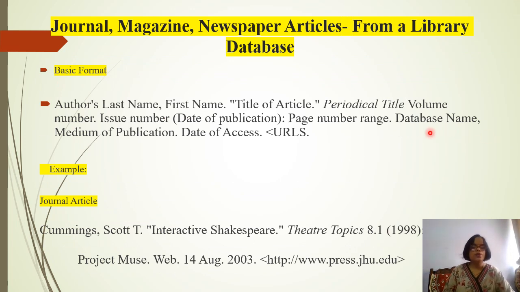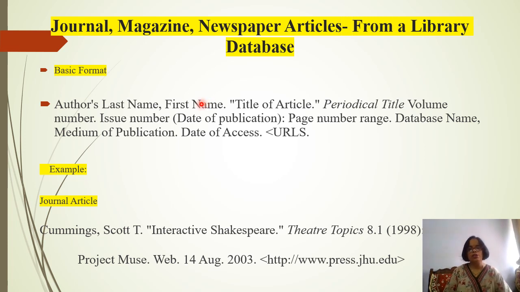Now, suppose we are taking some quotation from a journal or a magazine or newspaper article, and all these quotations are going to be there from a library database. Library database means if we are taking them online. So in that case, the basic format is going to be again author's last name and first name. This we have to remember in all the cases.